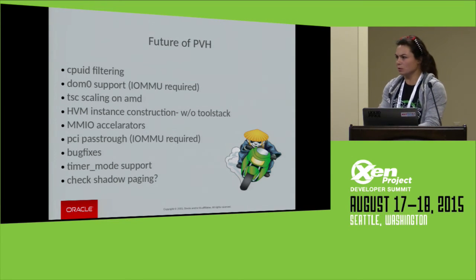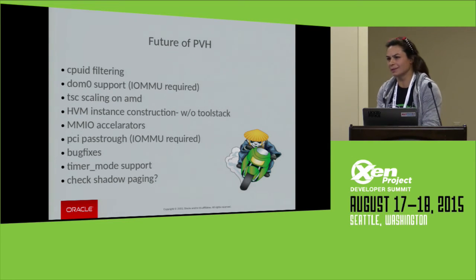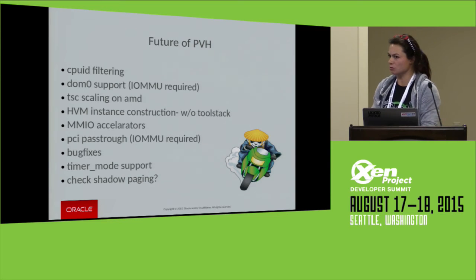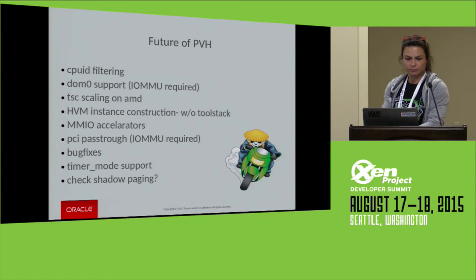So what should be done to actually have it out of experimental and make people use it? CPUID filtering. Well, we're going to run the native CPUID operation on PVH. Dom0 support is missing some bits, and it will require IOMMU.